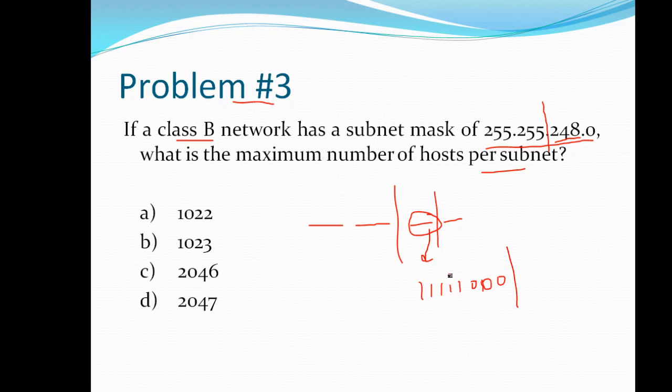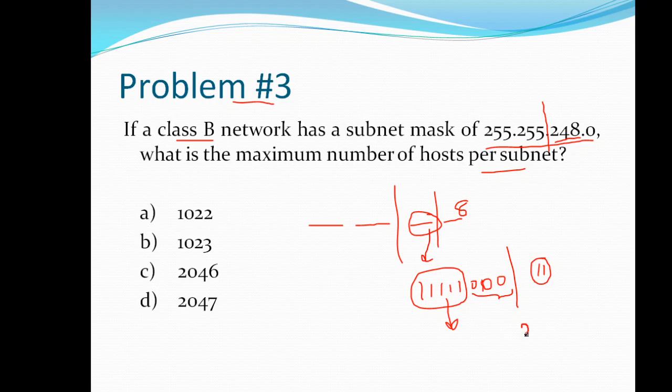So the 248 equivalent binary notation is 5 ones followed by 3 zeros. These 5 ones represent the subnet ID part. So the remaining are 8 bits in the last octet and 3 bits here. So 8 plus 3 is 11, so a total of 11 bits are available to represent the host.